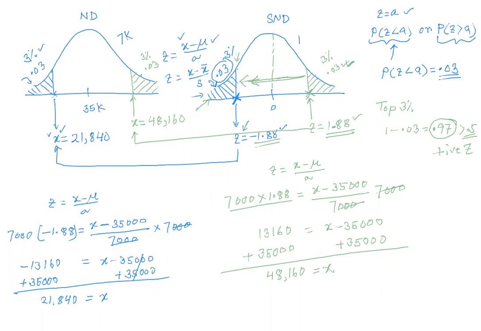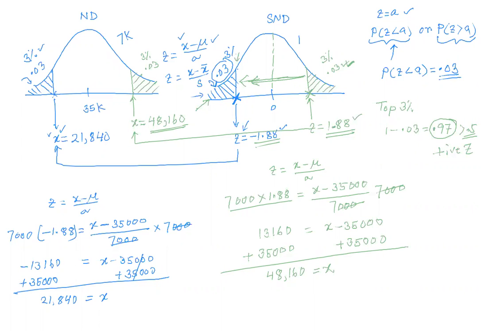So if someone makes more than or equal to $48,160, then that person falls among the top 3% of the wage earners, top 3% of the income level. And that is what it is. Now, does it make sense to everybody? This is an important concept. You need to be quite comfortable with it.